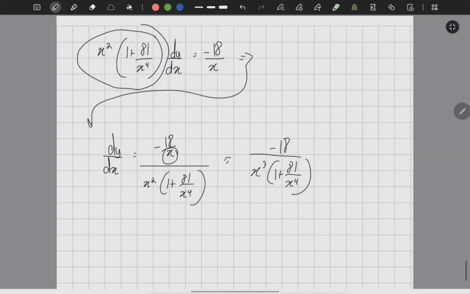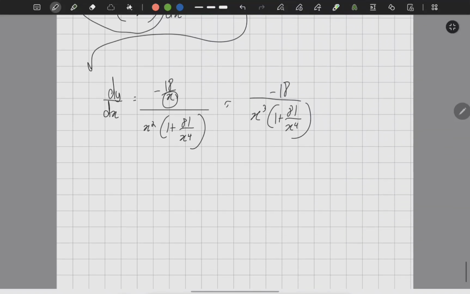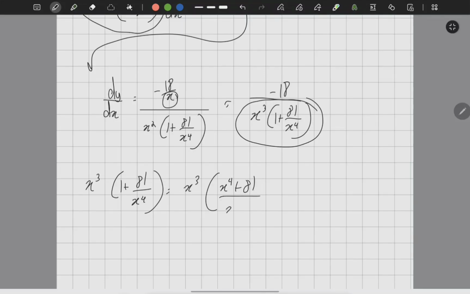Now we can rewrite this as x cubed, x to the 4 plus 81 over x to the 4.